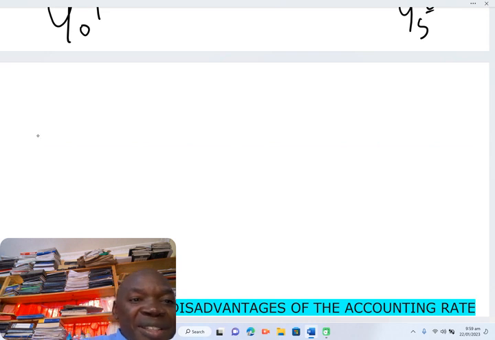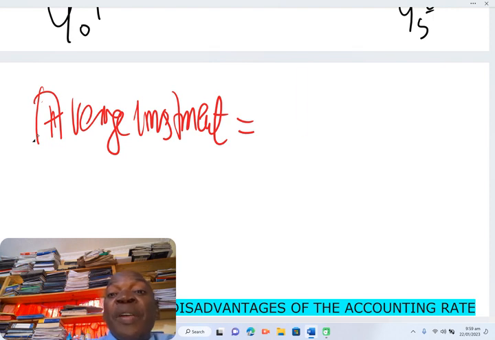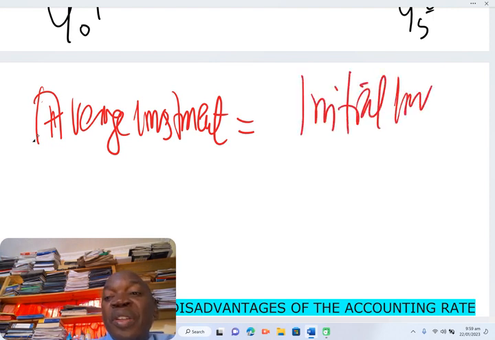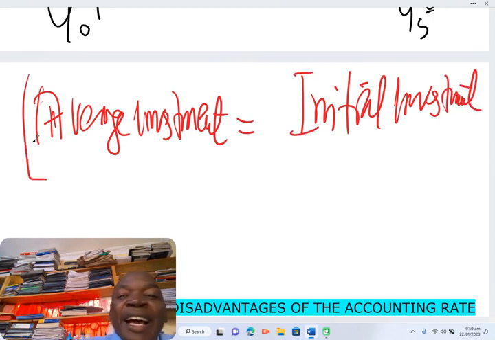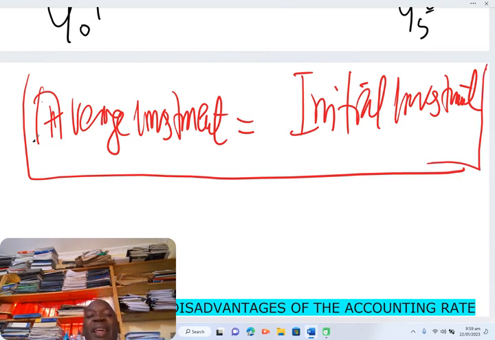So the average investment is only the initial investment. Then you go.